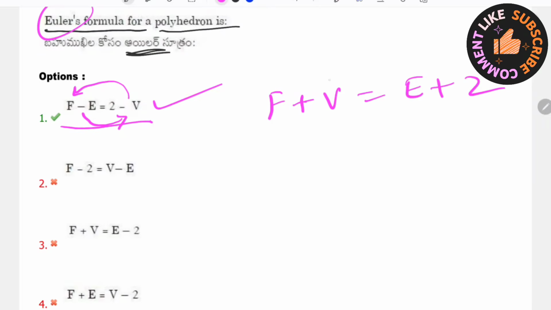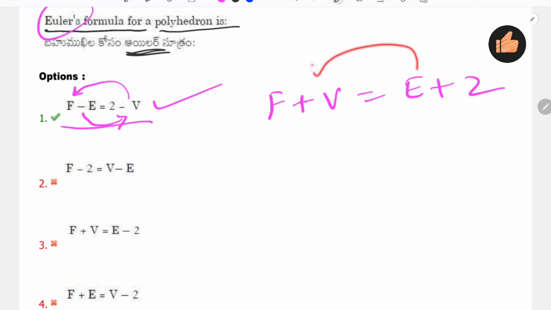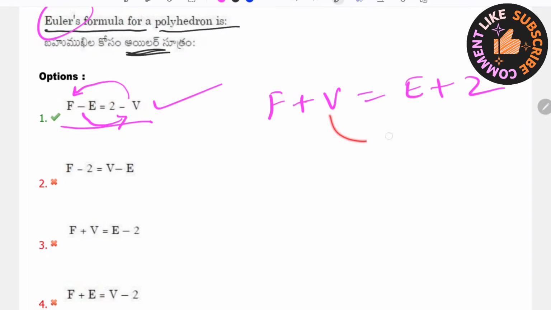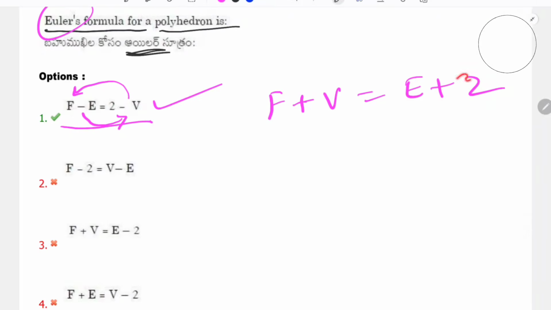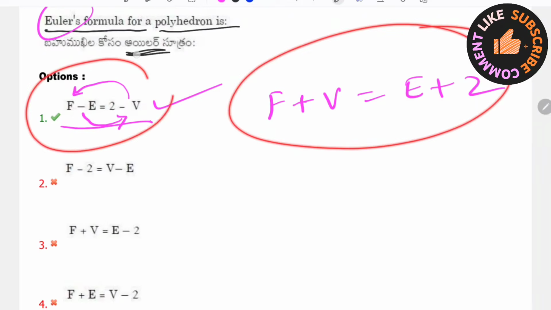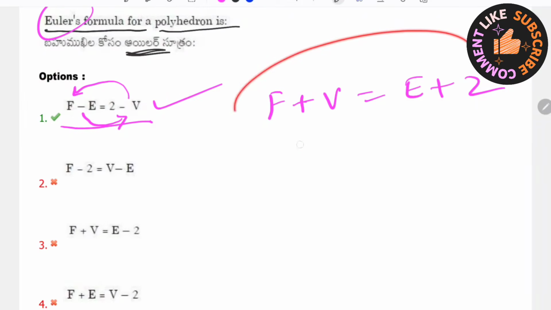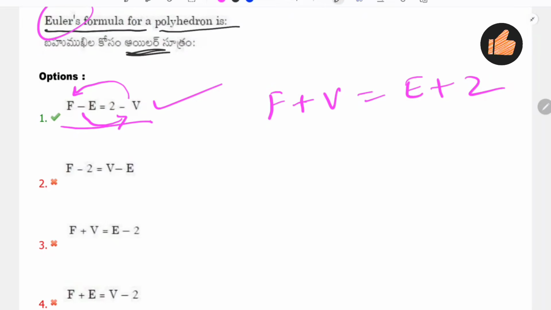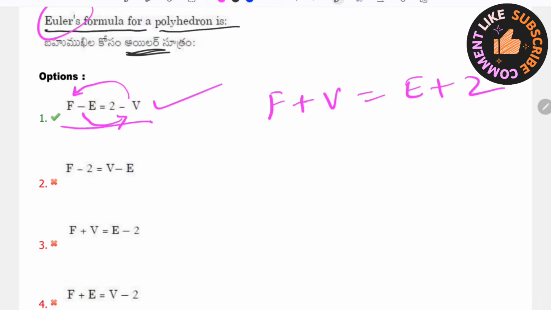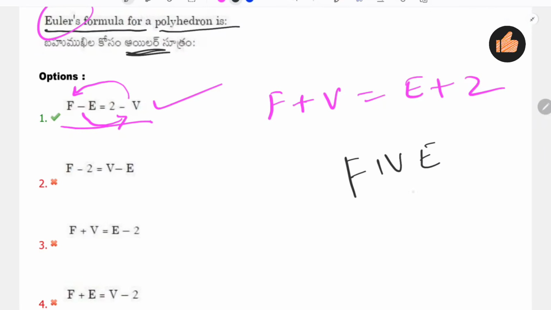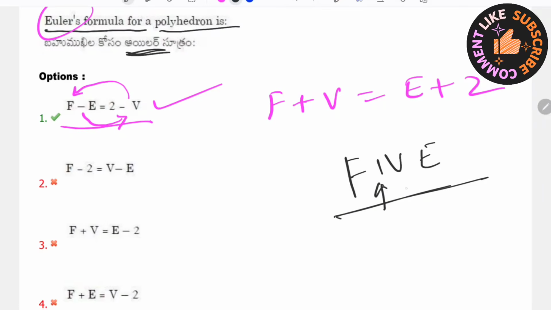Same thing. If you bring e to the other side, it becomes minus. If you bring v here, it becomes minus. Either you write this way or you write this way. But for remembering, this one is easy. Why is it easy? You can remember it like this: 5 in English, "five", only the I is not there.